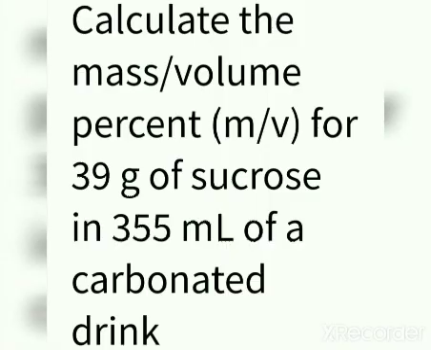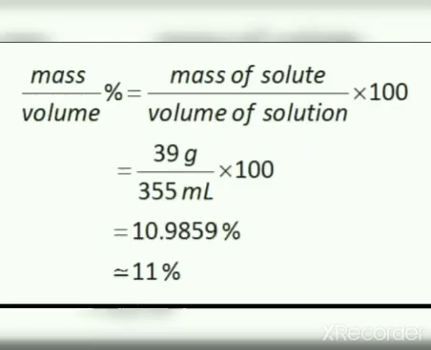Let us try to solve this question. What is the question given? Calculate the mass by volume percent for 39 gram of sucrose in 355 milliliter of a carbonated drink. Mass by volume percentage is equal to mass of the solute by volume of the solution into 100.